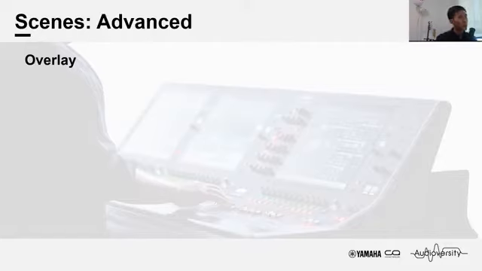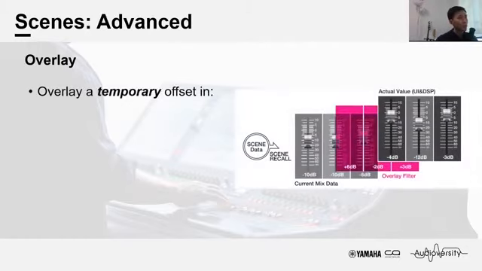Okay, the first advanced scene function is overlay. For those of you who don't know what overlay is, it's a temporary offset in certain values. It can be a fader value or a mix send value. These values can be offset on top of your current mix data, whatever mix settings you have them at.